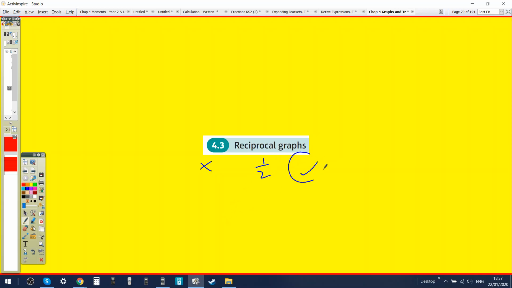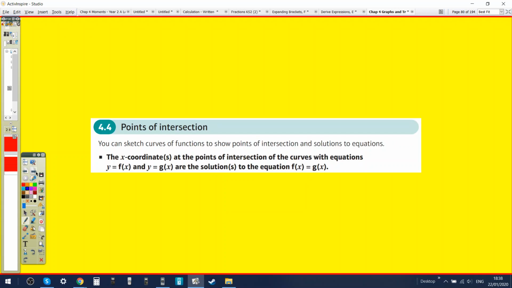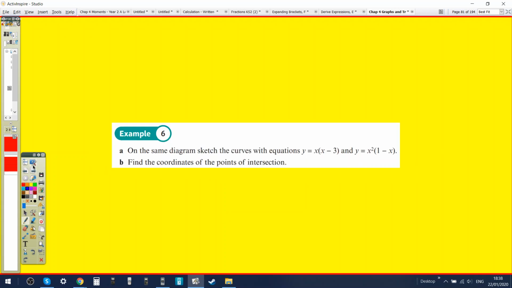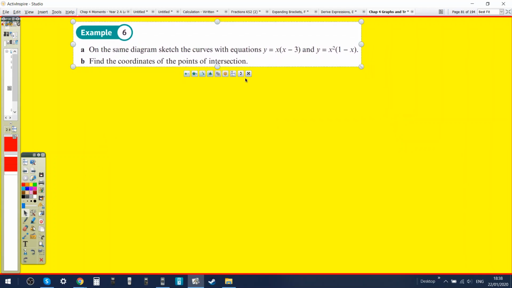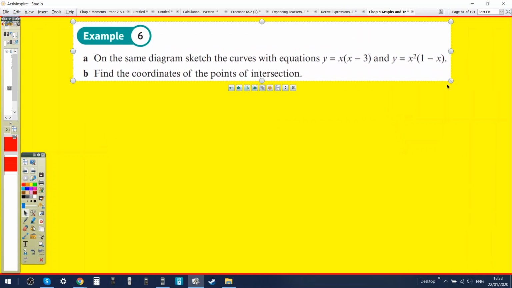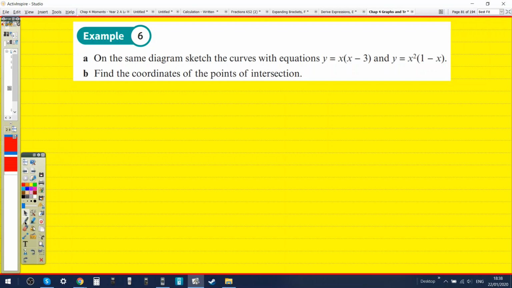Points of intersection. Skip A. How would you do B? If you drew both of these graphs, how do you find out the points of intersection? You do use simultaneous equations. Just imagine I drew the graph.